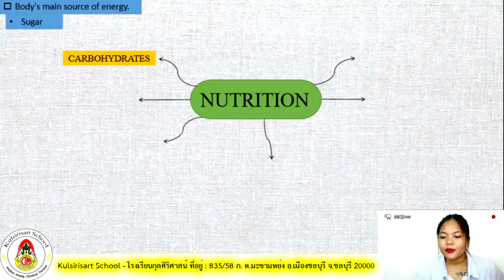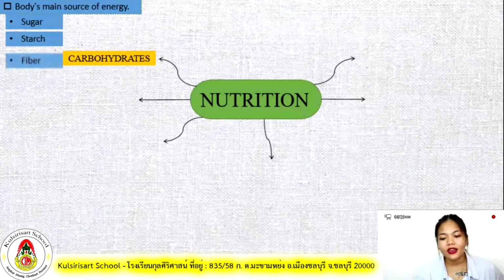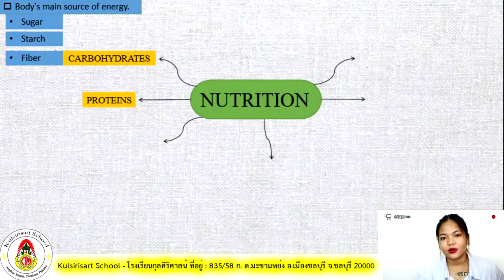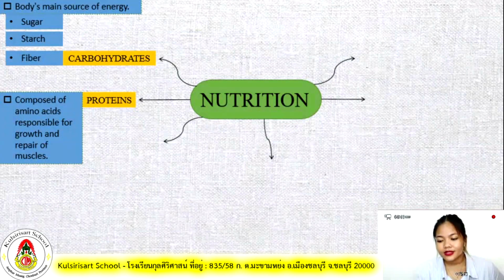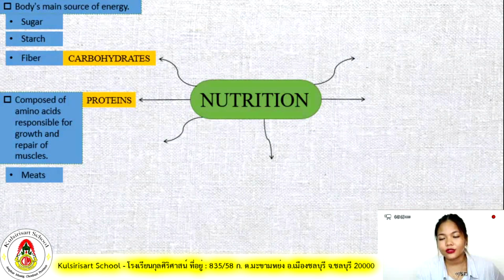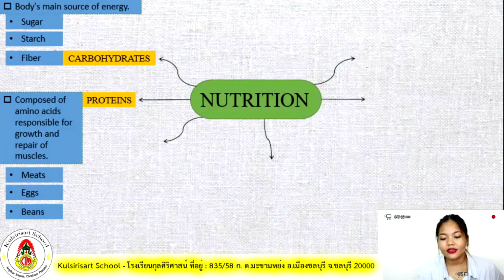Carbohydrates have different types, including sugar, starch, and fiber. The next one is proteins. Proteins are composed of amino acids responsible for growth and repair of muscles. Examples of proteins include meats, eggs, beans, and nuts.